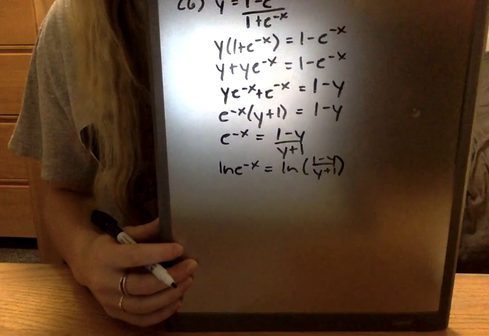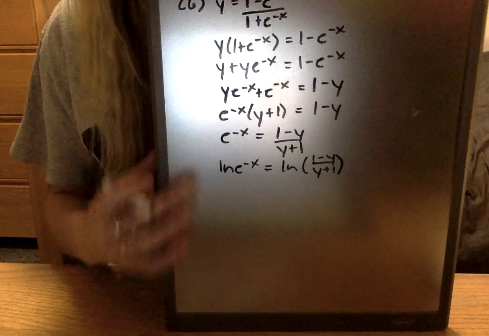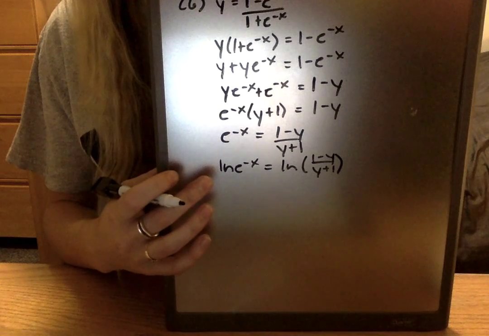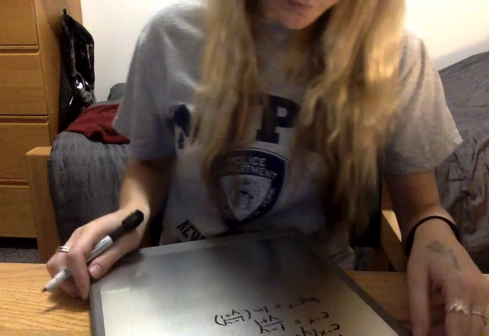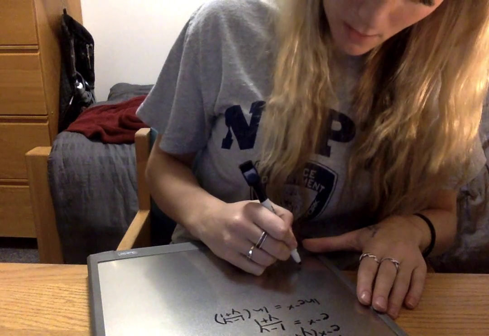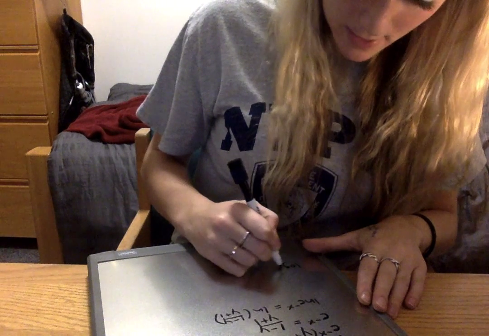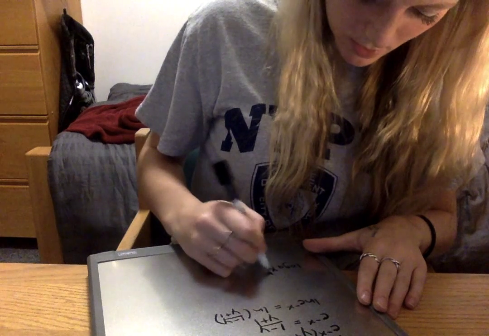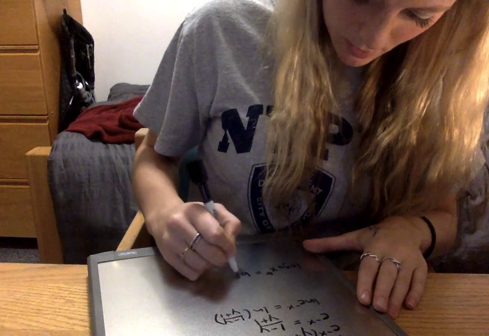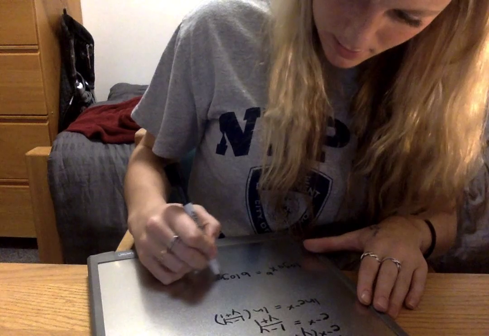So now I'm going to show you a log rule in order to isolate for the x fully on this side. So we have log base a of x to the b equals b log base a of x.